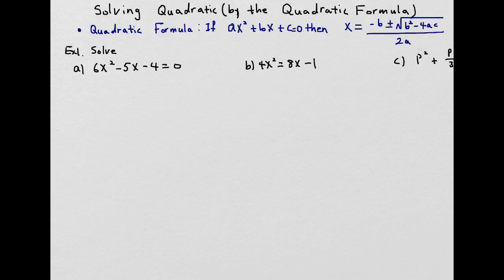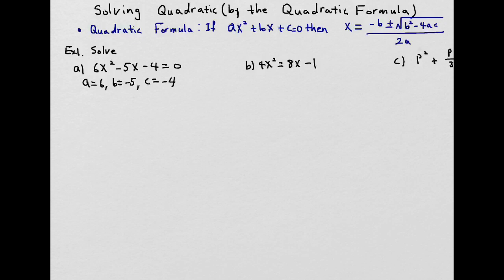So let's use the example. This is standard form equals to 0. So from here, we know that A is 6, B is negative 5, C is negative 4.